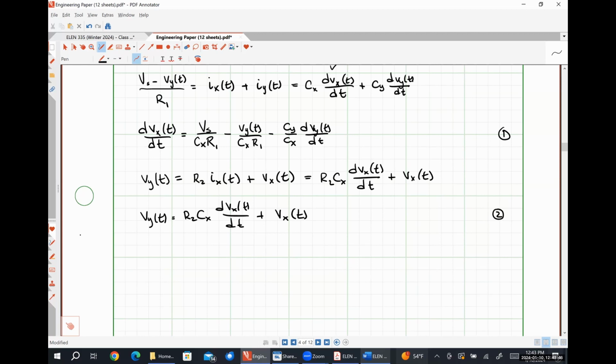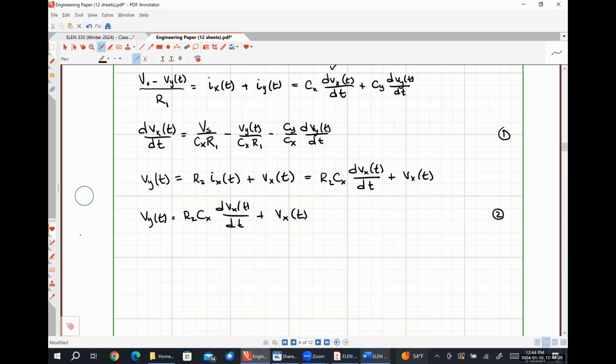My first thought was I was going to take the derivative of equation 1, because that would give me the second derivative of Vx equal to some other stuff. But I have the derivative of Vx here, which I know what that is. Then I would have the second derivative, but nowhere would I actually have Vx isolated by itself. And I think I've made it abundantly clear, I don't like integrals and I never want to do them.